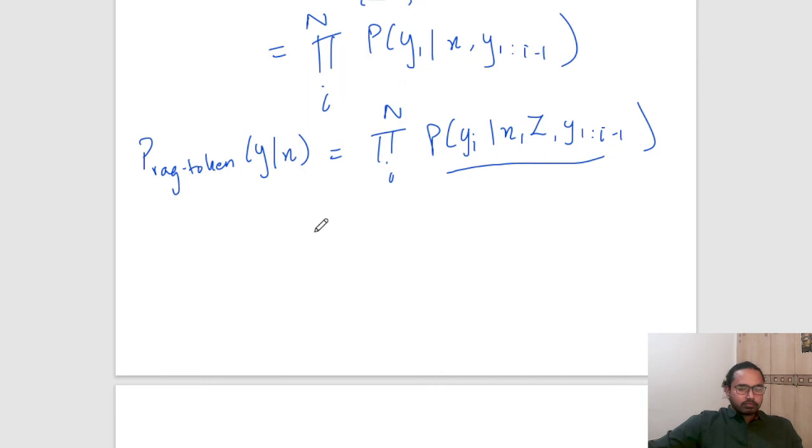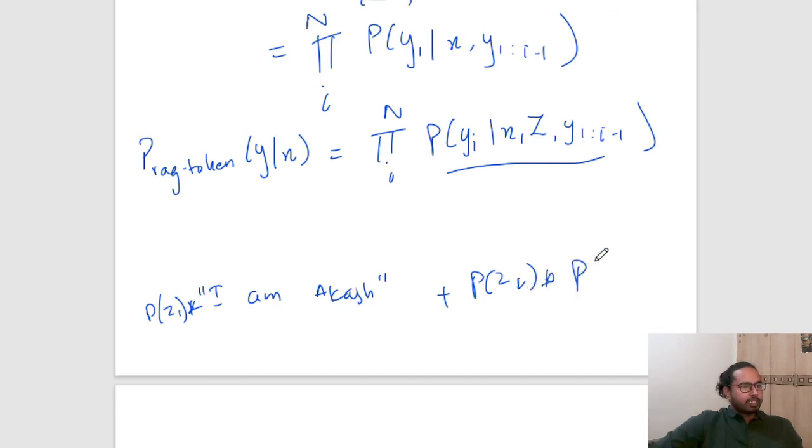Previously in the RAG sequence model, we were trying to get the probability of the entire answer sequence from each individual block, then the probability of the second block times the probability of getting the output sequence, all the way till the final retrieved document.